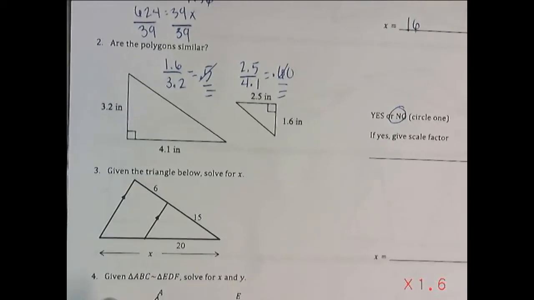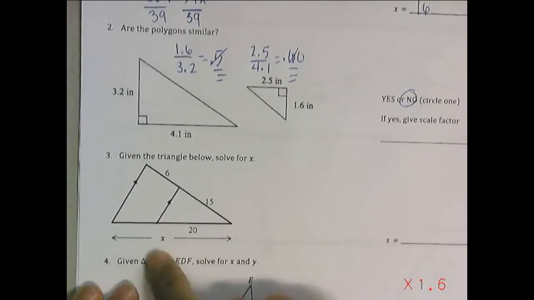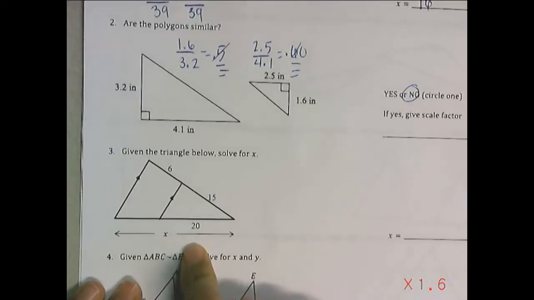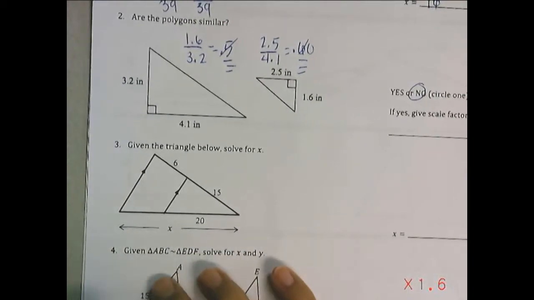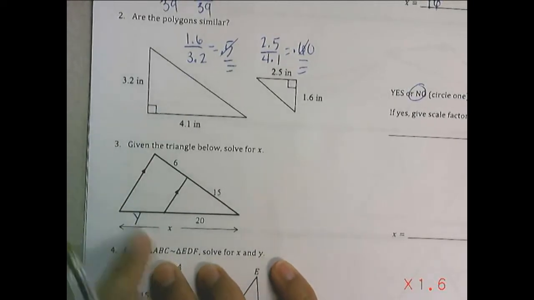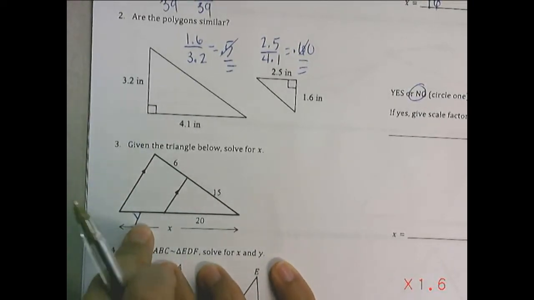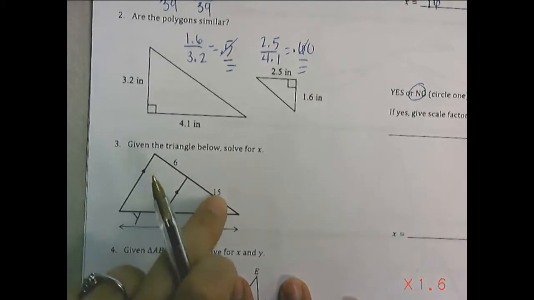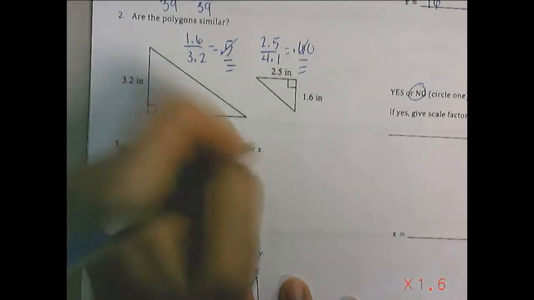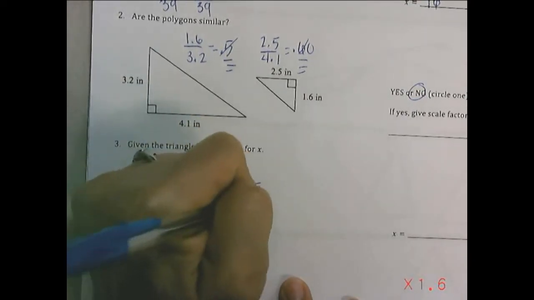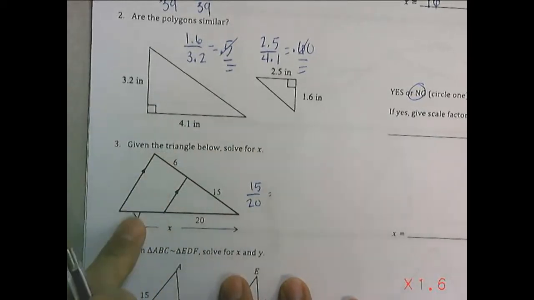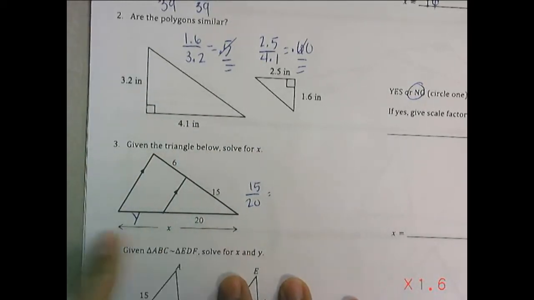Okay, now we want to go ahead and solve for x. All right, in order to do so, I'm going to name this segment right here y. The reason I'm doing that is because I'm going to do 15 over 20, and I'm going to set it equal to 6 over y, because I want to figure out this whole side.